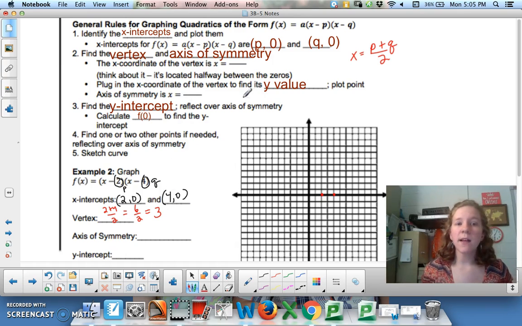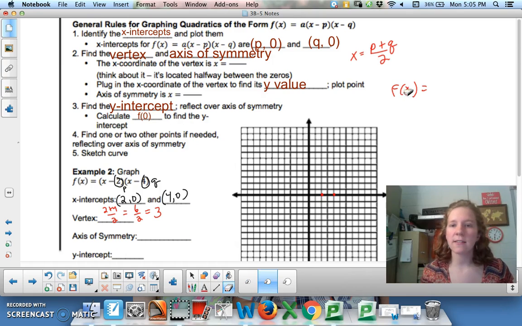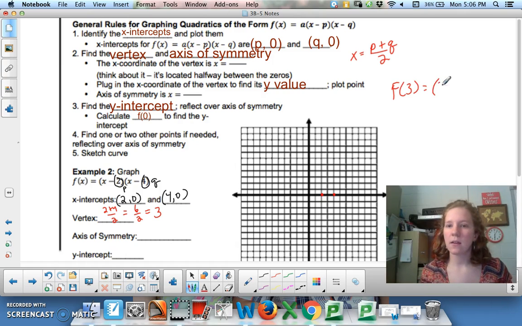And then I'm going to plug that x-coordinate into my equation in order to find the y-coordinate. So I'm going to come over here to some scratch work area. And in place of that x, I'm going to put 3. So f of 3, because we just found that that was the x-coordinate, is going to be 3 minus 2 times 3 minus 4.